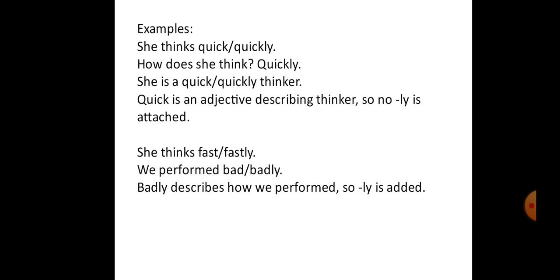Thinks here is a verb, but our right answer here is fast. But here, we performed badly. Performed too is a verb, and what adds information to performed here is badly, an adverb adding information to this verb.